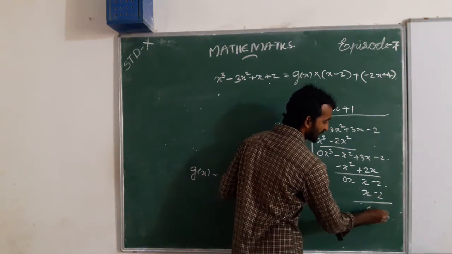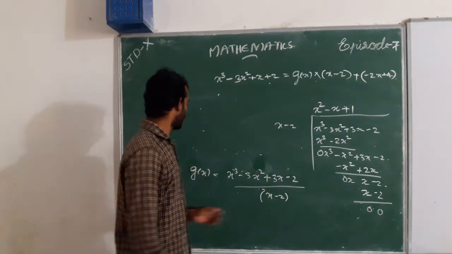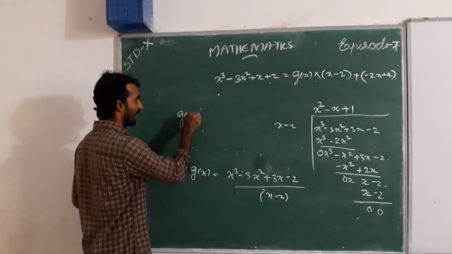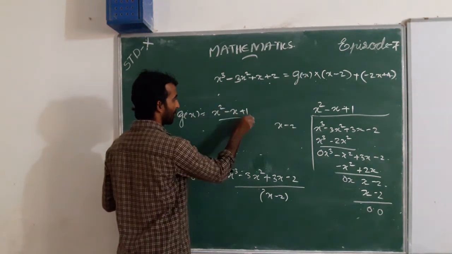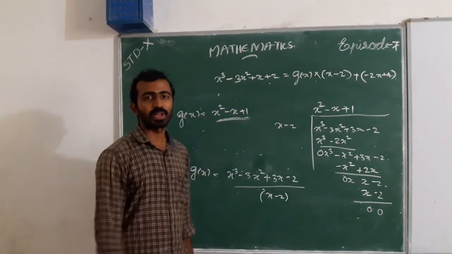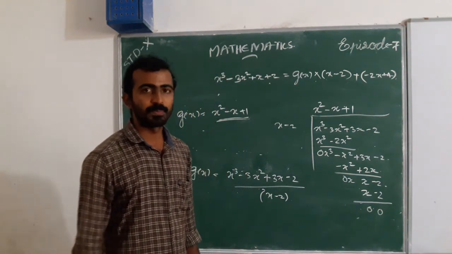Answer is 0. What is our g of x? g of x equals x square minus x plus 1. That is the solution for question number 4.